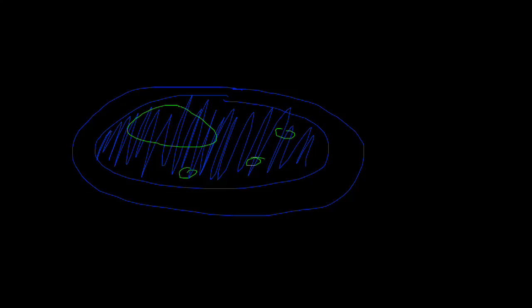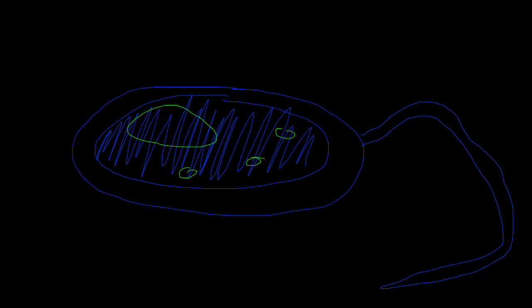Also, there will be a little whip-like tail coming off of the prokaryote called a flagellum. The flagellum is used for locomotion, for moving around. It's similar in appearance to the flagellum of a sperm cell, but it's made up quite differently.